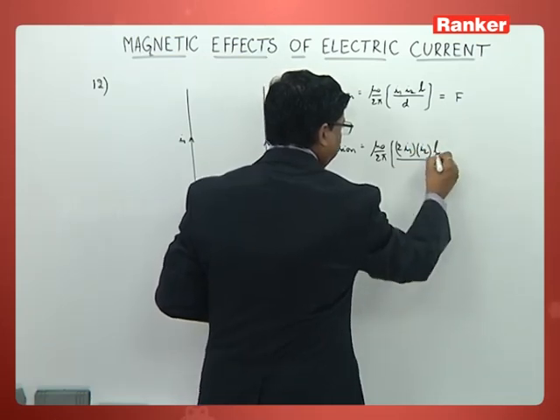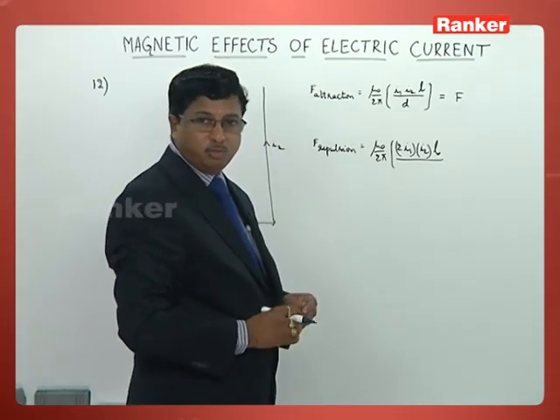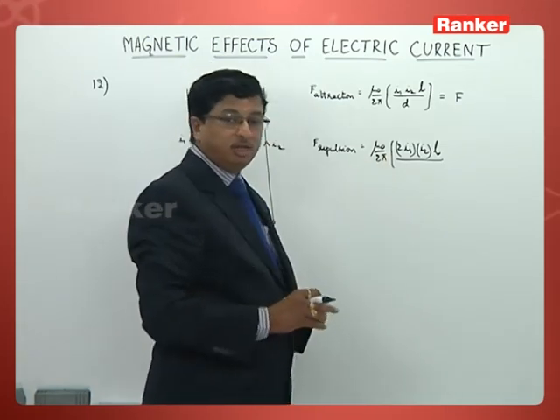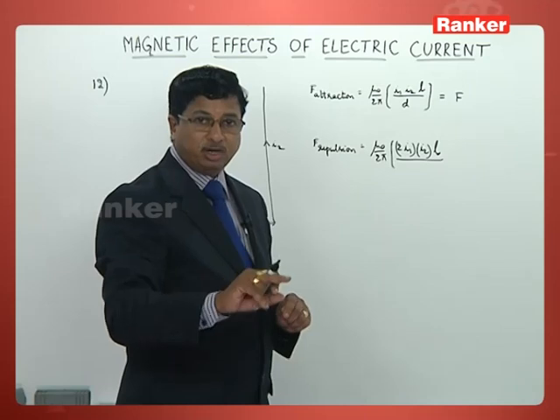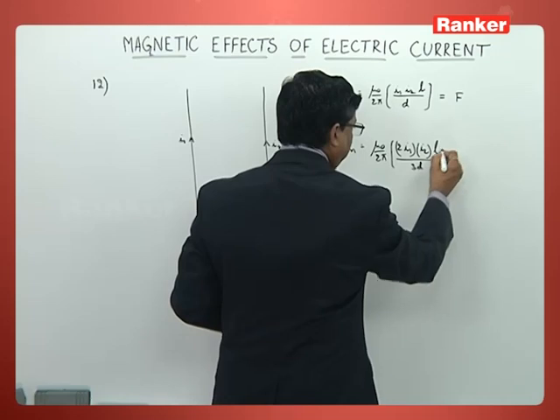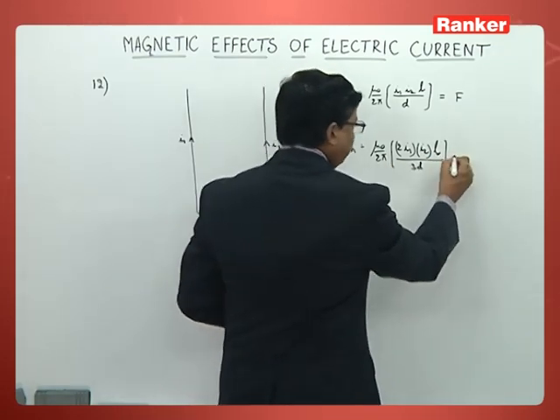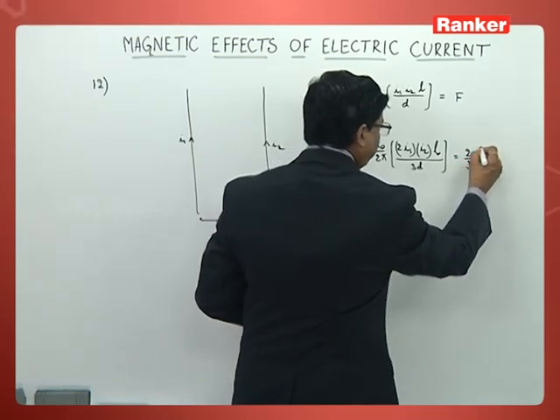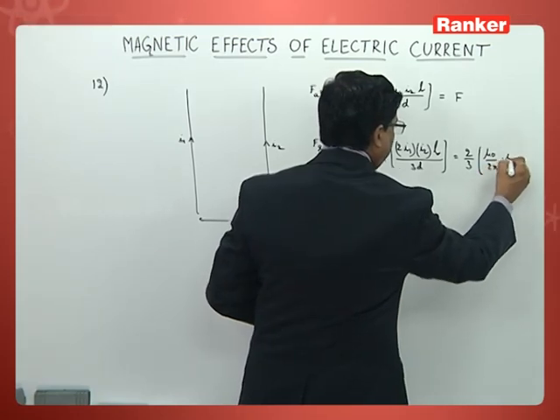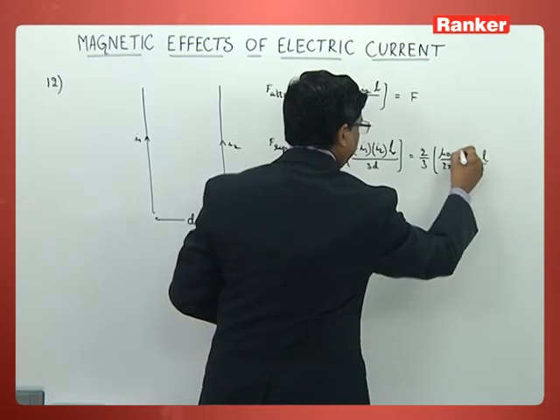Effective length on which the force is calculated is same, he did not mention any variation. Divided by the distance of separation, that also he has made 3 times, so I should write that as 3d. So now what will you get in this particular case? It is 2/3 of mu naught by 2 pi I1 I2 L by d.